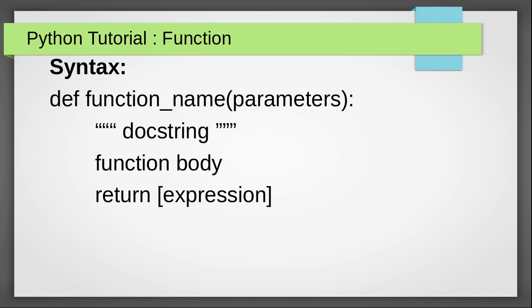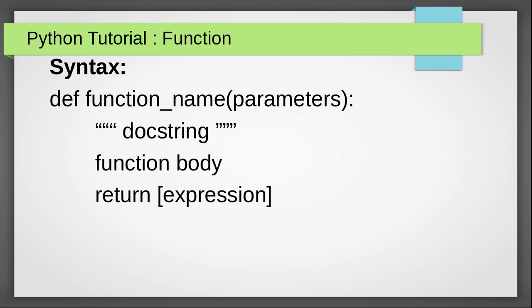In the function header, the first part is def. def stands for definition. It is a keyword in Python. Every function should start with this keyword def, followed by the name of the function.